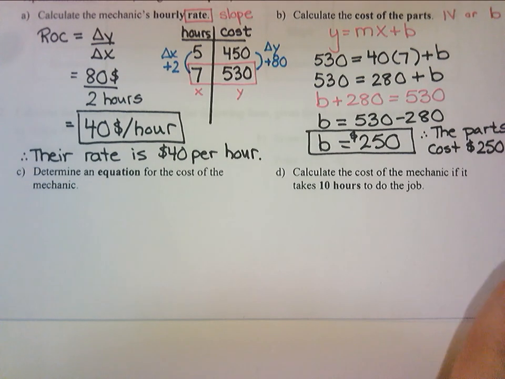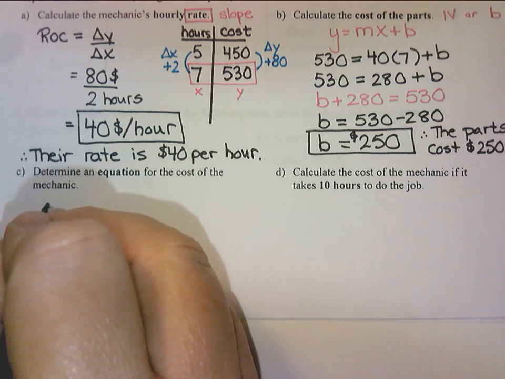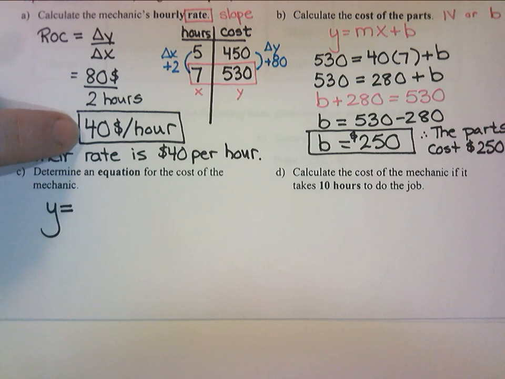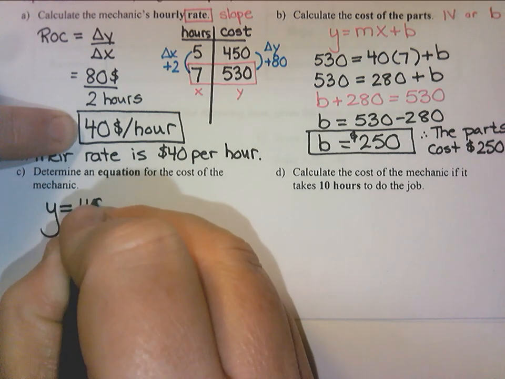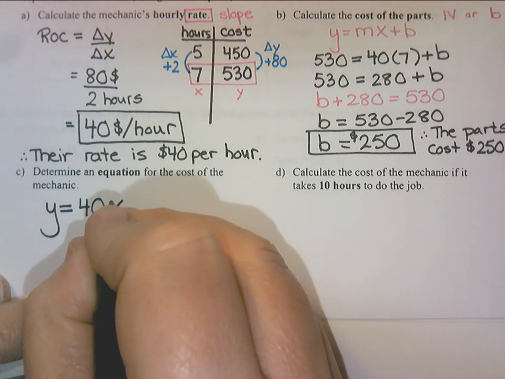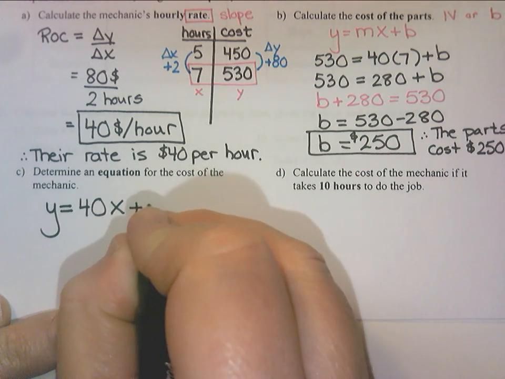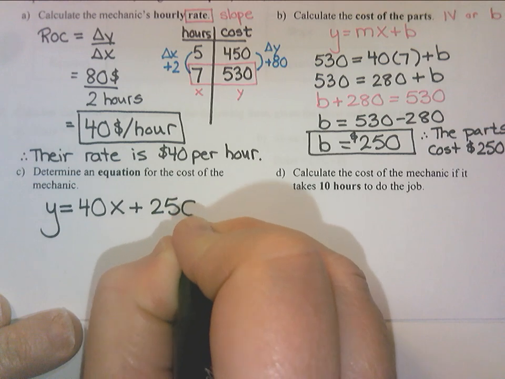But part C here says determine an equation for the cost of the mechanic. They didn't give me letters to use, so I can use y and x. I could use C for cost and N for the number of hours. It really doesn't matter. I think I'm going to use y and x just because that's what we've been using lately. So I'm going to say we have y equals our slope or rate of change, which is 40, and then times x, and then plus my y-intercept or initial value, which is 250.